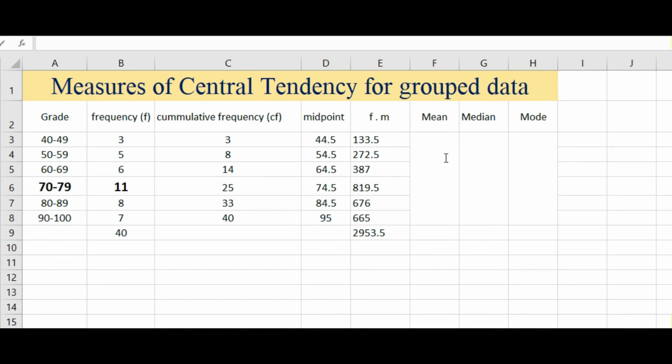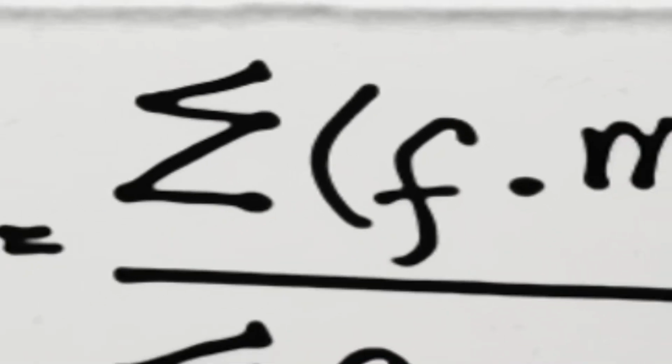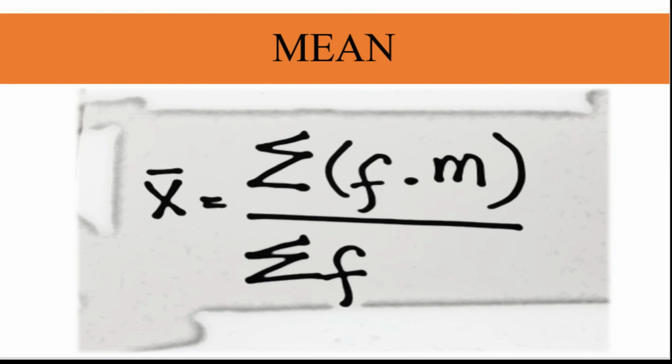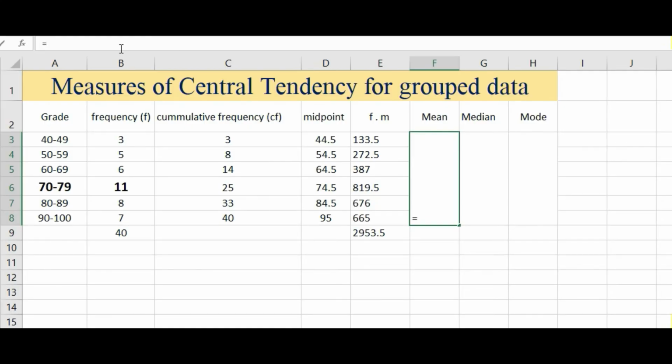So let's first start with your mean. As you can remember, the formula for mean is, so let's solve for that. We have already solved for the summation of frequency times the midpoint. So that's 2,953.5.